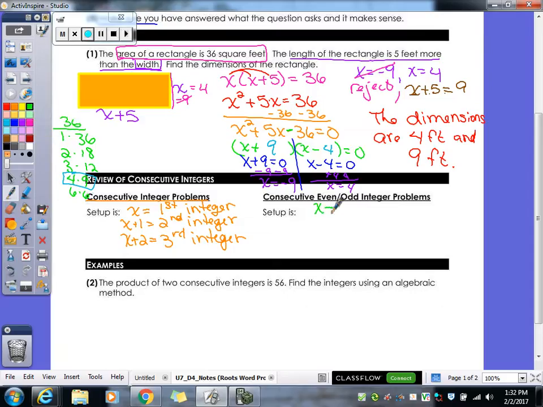So again, the first one is still x, but the second one would be x plus 2. The third one would be x plus 4. The fifth one would be x plus 6. Whether it's even or odd, that does not matter. They always go up by 2s.